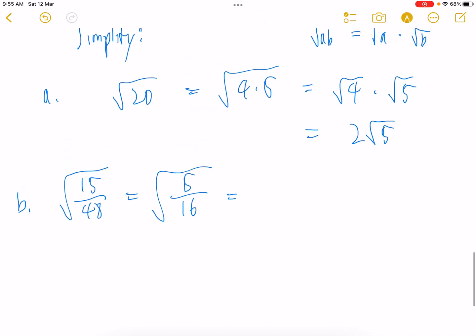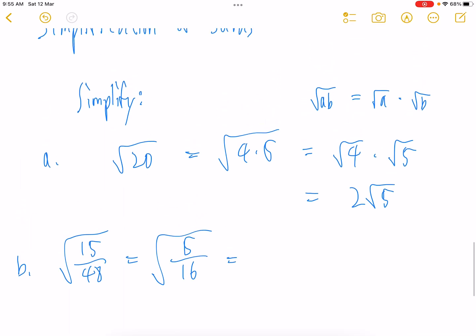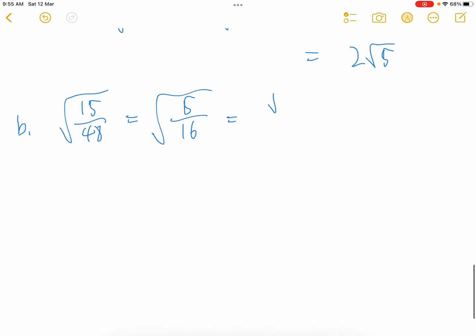And then, again, by the property square root of a over b equals square root of a divided by square root of b, we can break this down into root 5 divided by root of 16. Again, 16 is a perfect square of 4, so we just have a 4 down here, and up in the numerator, the square root of 5, and we're done.